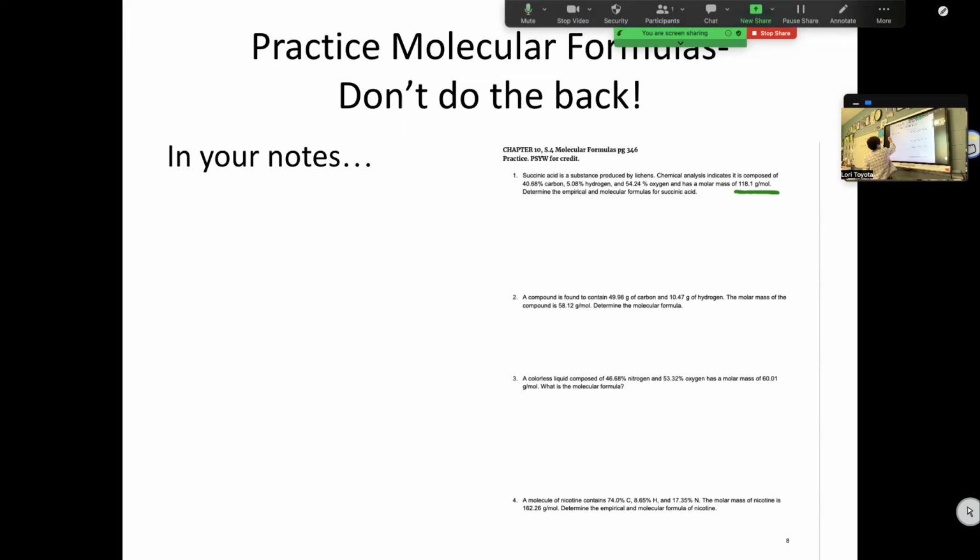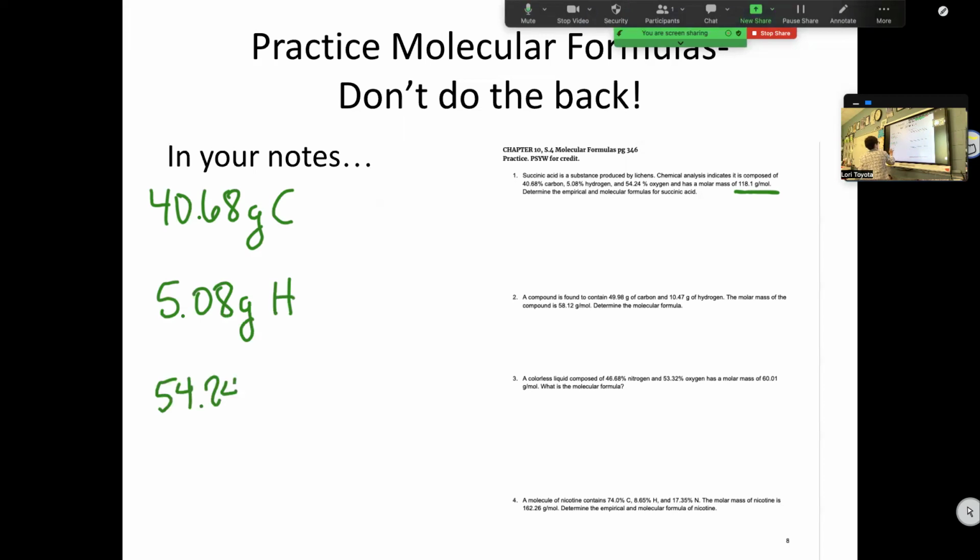So we're going to set up 40.68 grams of carbon, 5.0 grams of hydrogen, and 54.24 grams of oxygen.